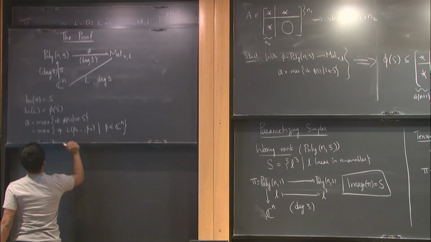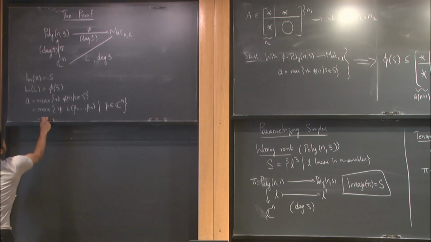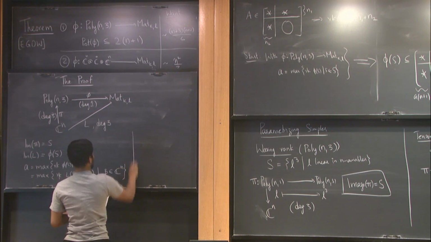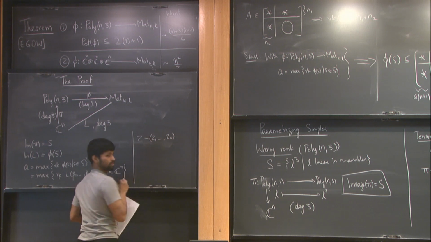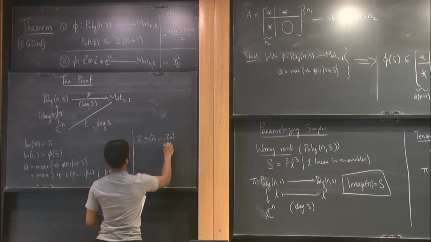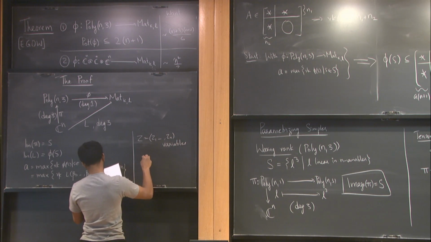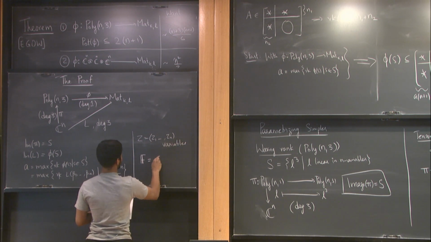Good. So now with that, let me also set up a bunch of things here. Again, Z is going to be variables. And what else do I want? I want this bold F to be the function field.